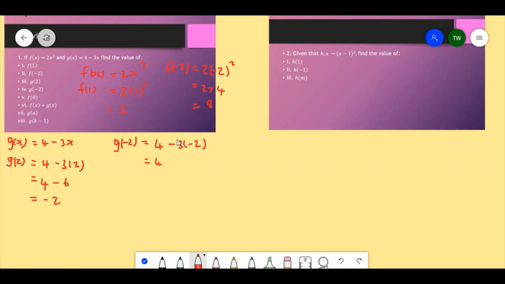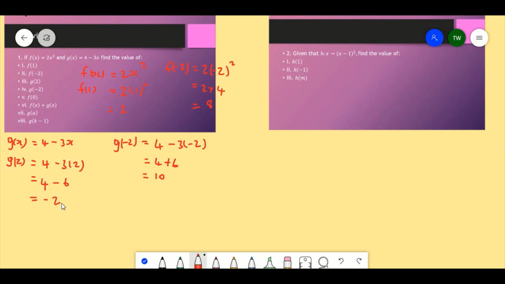Remember to treat this minus 3 as negative 3. So negative 3 times a negative 2, that's going to give us a positive 6. And 4 plus 6, that's going to give us 10. So therefore, g of negative 2 is equal to 10. Note that g of positive 2 is equal to negative 2.